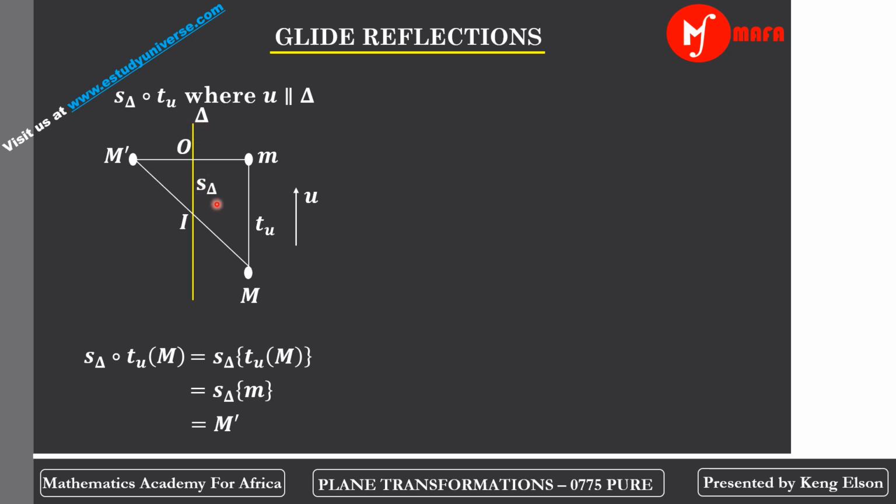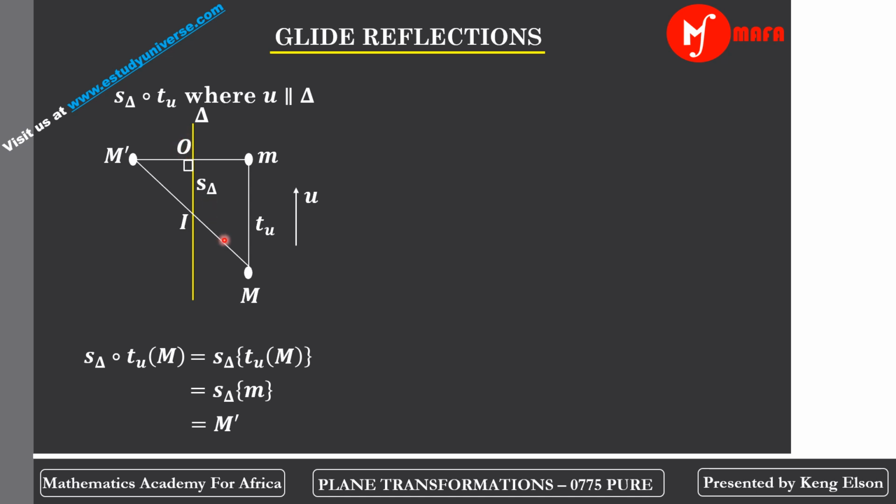If this transformation S of delta is a line reflection, then if the point small m is taken to the point capital M prime, the line capital M prime small m is perpendicular to the axis delta, and also the midpoint of the line segment capital M prime small m belongs to the axis delta, so that midpoint is O.